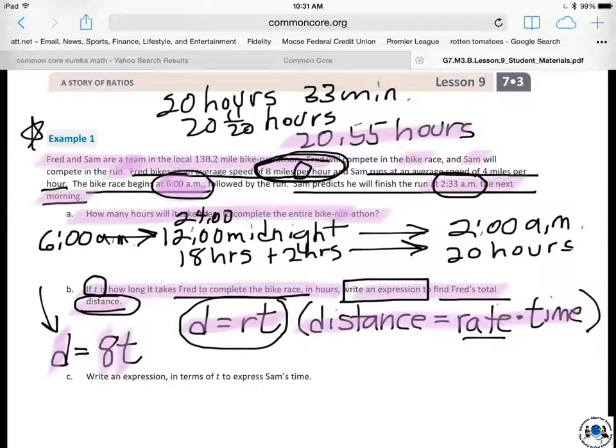We have the rate, which is 8, and time we don't know, so we put down t, which they've assigned for us. So here's our expression: D equals 8t. If we plug in a time, we will get a distance.